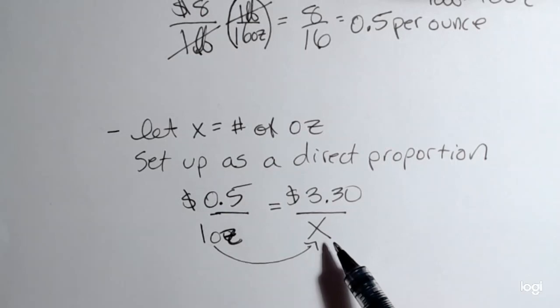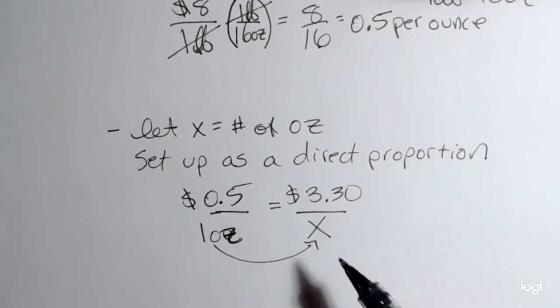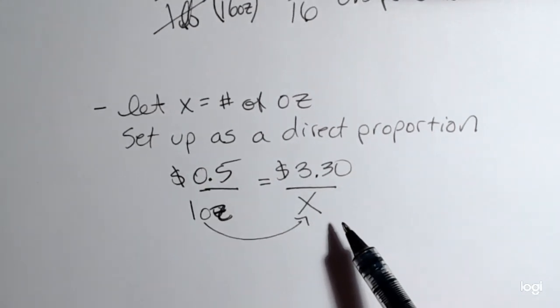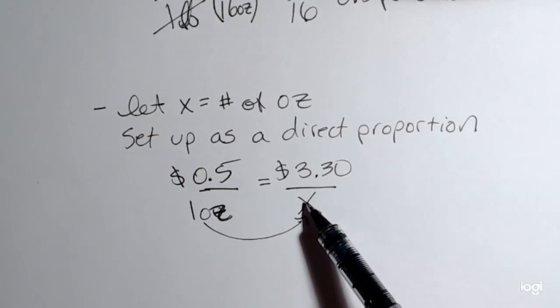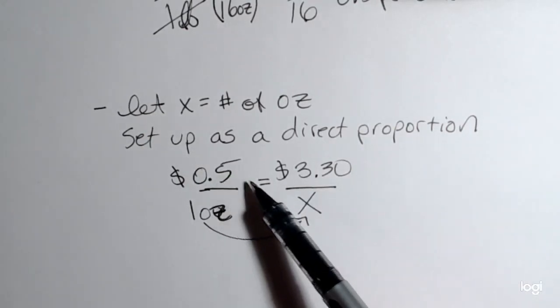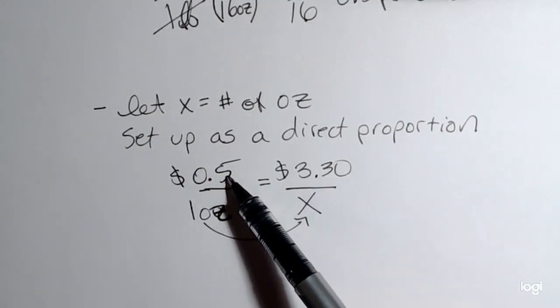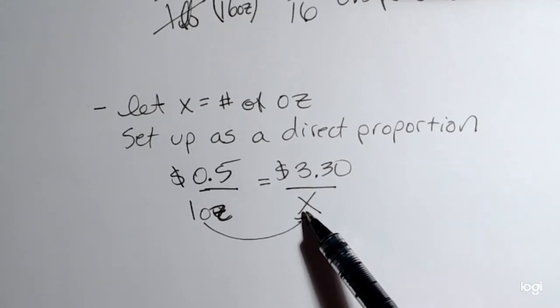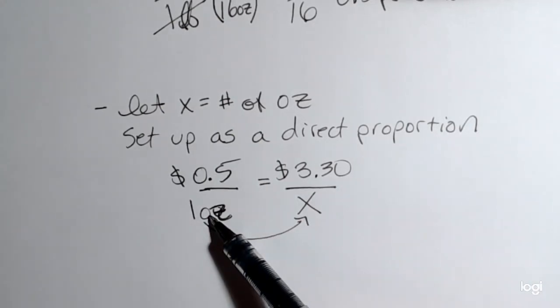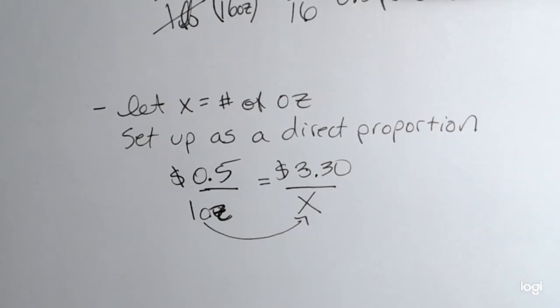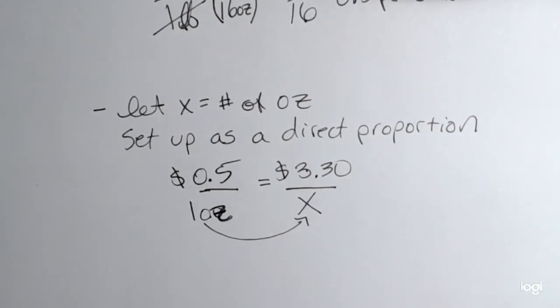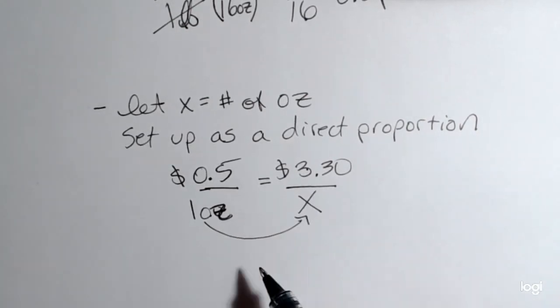And I'm going to go ahead and do the shortcut for cleaning up a direct proportion. That's where you cross multiply this numerator times this denominator and this denominator times this numerator. And doing this multiplication, the dollar units will cancel out and you'll be left with ounces.